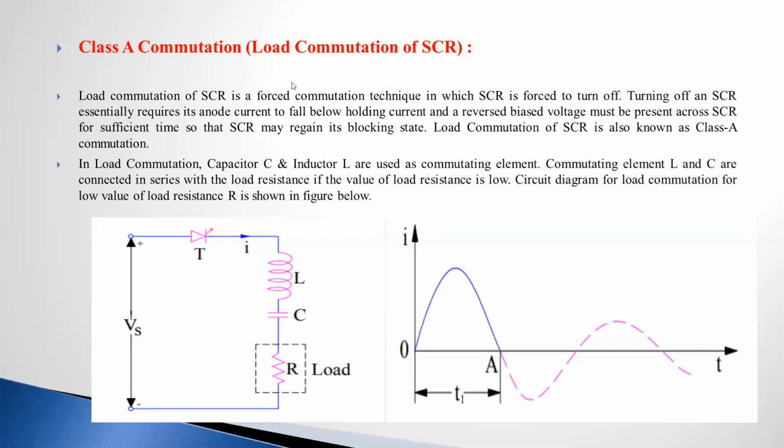Clear? So why is this method called load commutation? We are using extra elements, and these elements are connected in the load circuit. That's why this commutation is called load commutation.